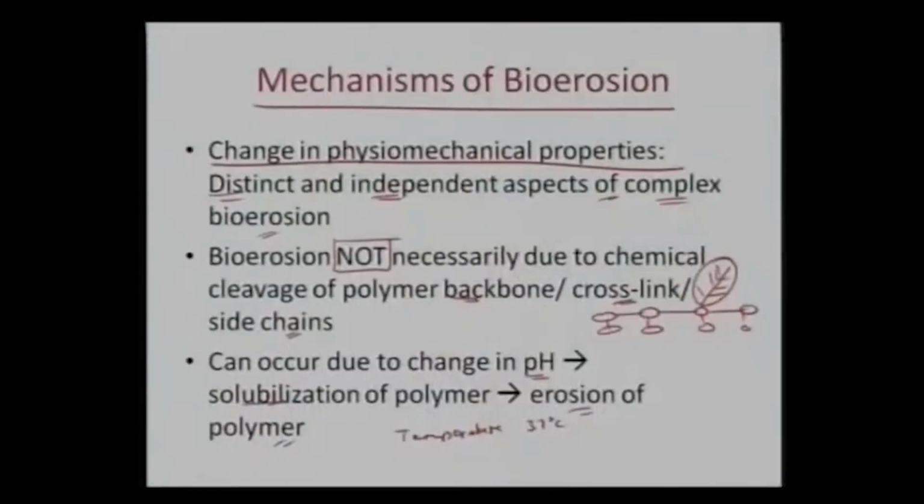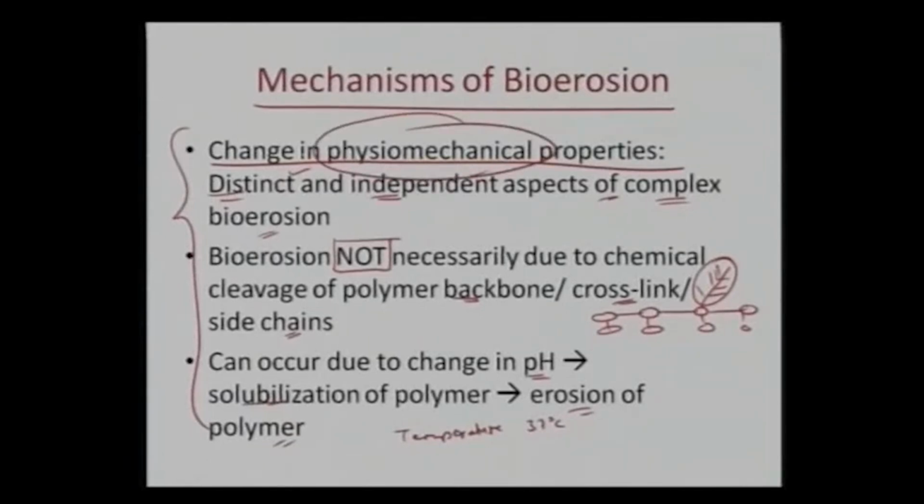So it will have a very different affinity for the flow or the uptake of water, and then again it can lead to very strong hydrolysis once it is in the amorphous state. So even feeble changes in the Tg temperature can lead to bioerosion. So we can see that the mechanisms of bioerosion are very complicated. They can be very distinct and independent of each other, and they impart changes in the physiomechanical properties.